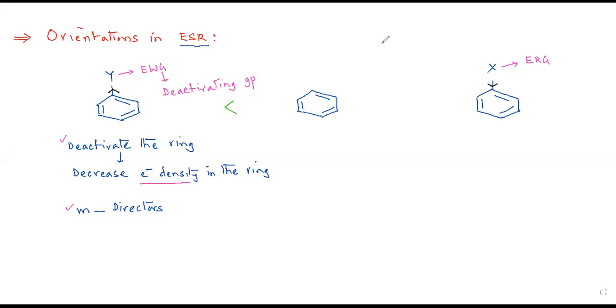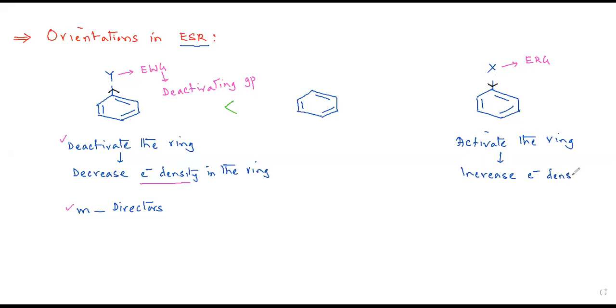Now, when you go for electron releasing group, it is very clear that the electron releasing group is activating the ring. Generally, the electron releasing groups activate the ring, I mean, increase electron density in the ring.